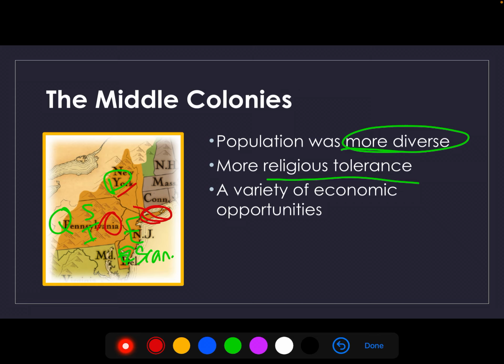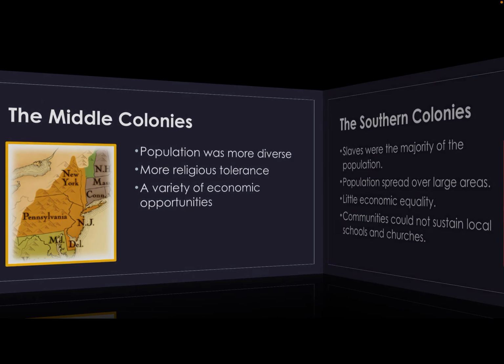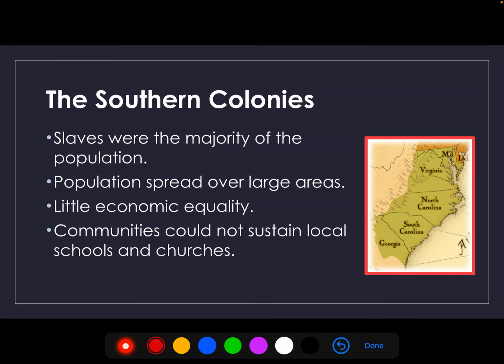Also more religious tolerance, and because you've got both New York and all of its merchant trading area here in Manhattan, and you've got Pennsylvania, you have a variety of economic opportunities as well. So middle colonies also have that economic diversification going for them too, much like the New England colonies do. But even still, they're mostly reliant on farming.